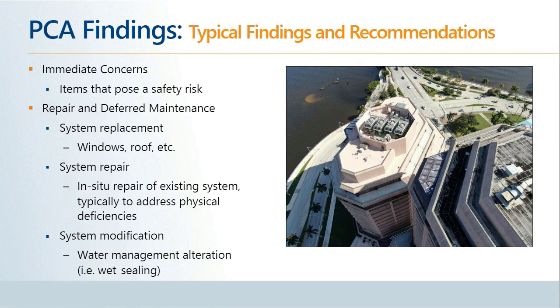A common example of system modification is window wet sealing, which modifies the water management of windows by converting drained window assemblies into a barrier system. And this type of repair, when completed correctly and on the right type of window assembly, can be a very effective means of deferring window replacement, which again is almost always a very large capital expense.